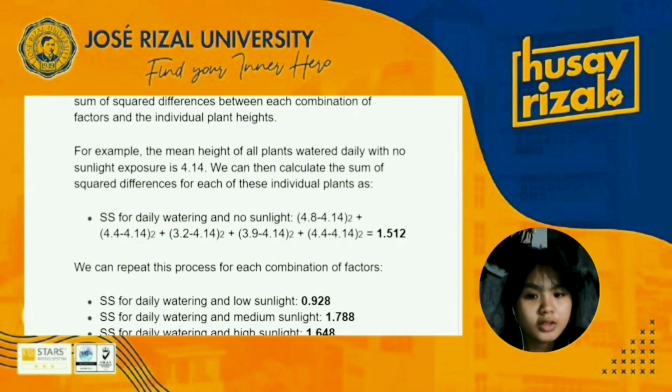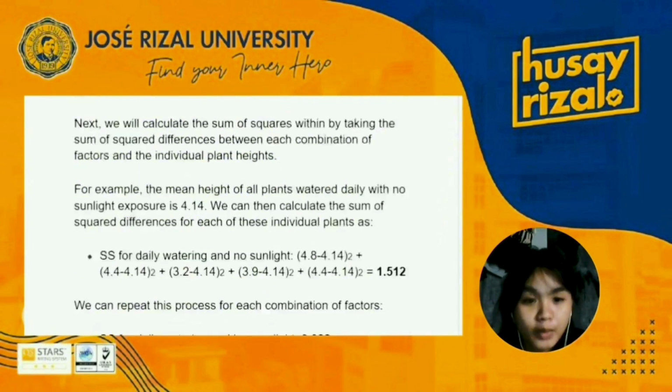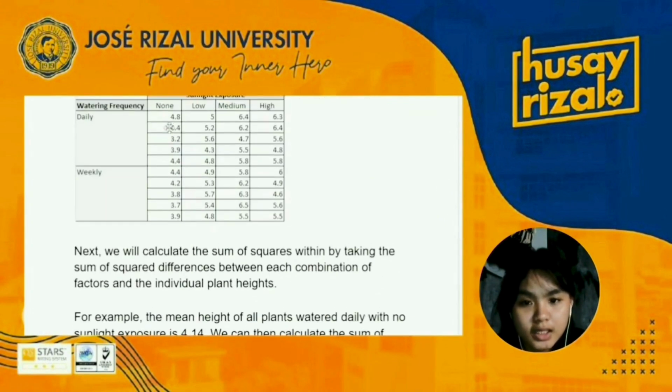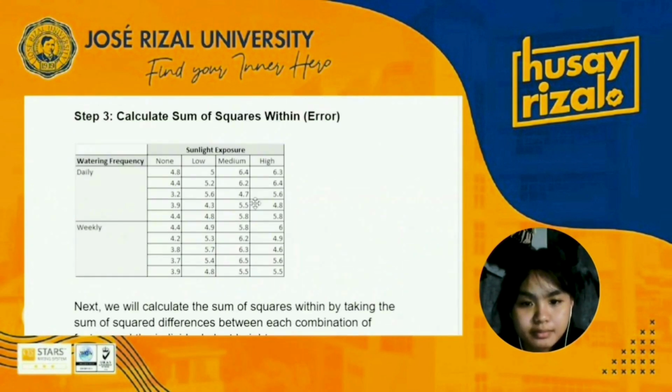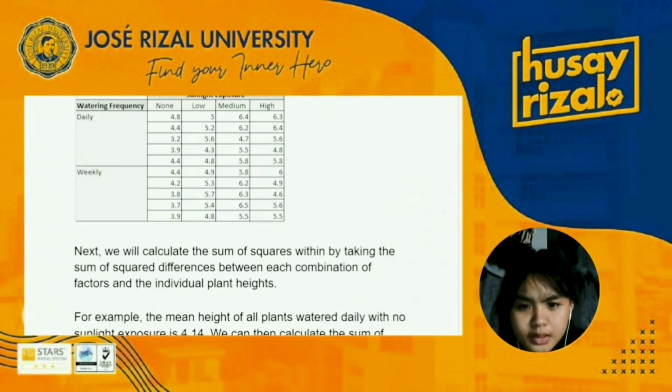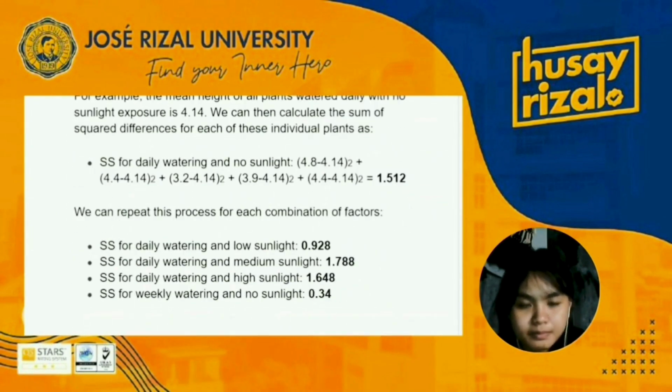So this SS for daily watering and no sunlight is (4.4 minus 4.14) plus (4.8 minus 4.14) plus (4.4 minus 4.14) plus (3.2 minus 4.14) plus (3.9 minus 4.14) plus (4.4 minus 4.14), which is equal to 1.512. So it was obtained the same way here, up to here, and then 4.8 up to 4.4.